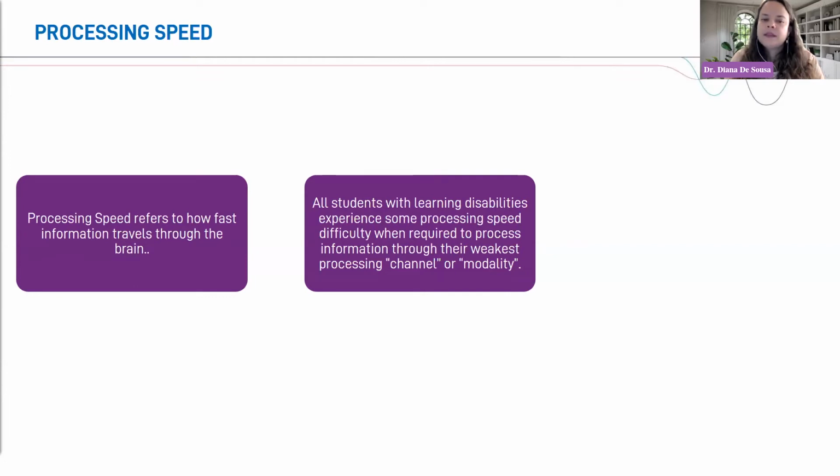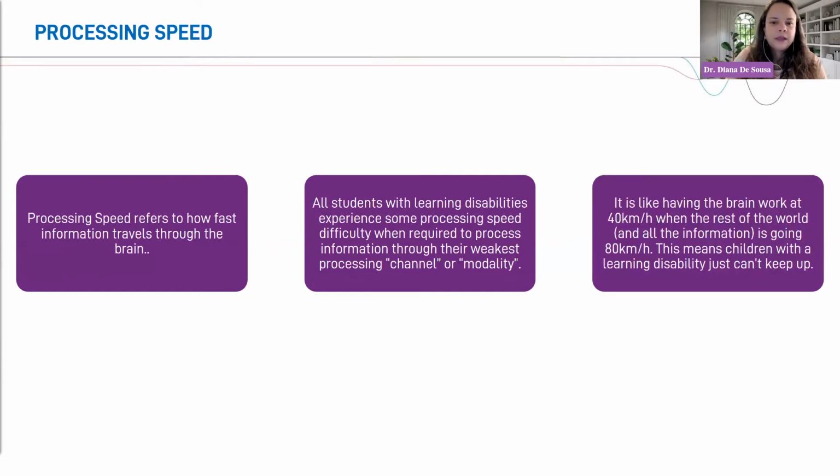And sometimes it is accessed via modalities. So depending on the nature of the learning disability, particularly if they're accessing in their weaker modality, so if it's the auditory modality or the visual modality, that impacts on the speed the information can be processed.